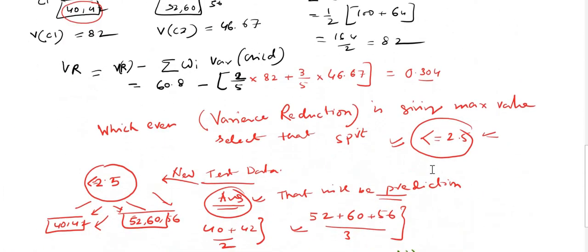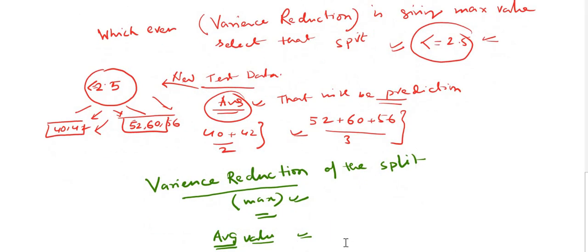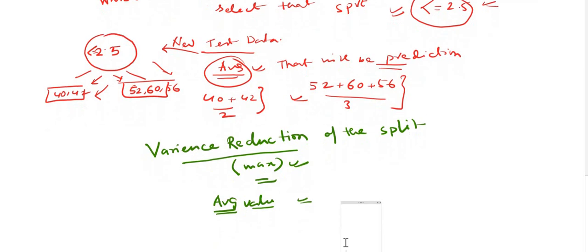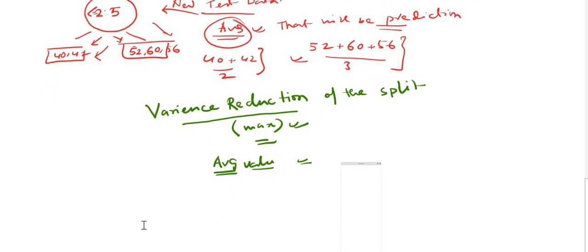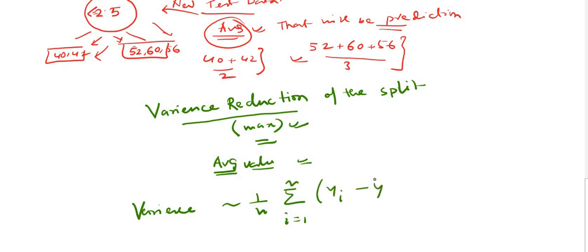Let me write it down one more time so that it will be handy, because there are just two things we have to remember. One thing is what is the formula for variance. The variance formula is 1 by n summation of i equal to 1 to n, (y_i minus y mean) squared.